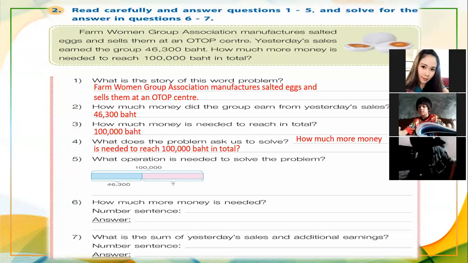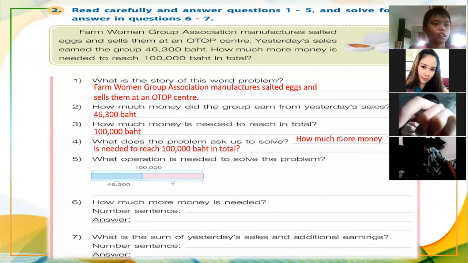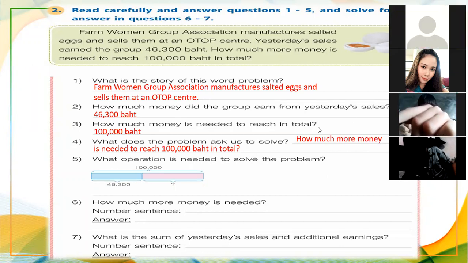So what operation is needed to solve the question? Students, what are we going to do here? Are we going to do addition or subtraction?